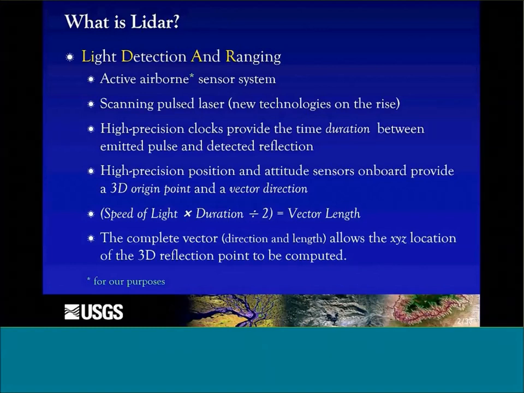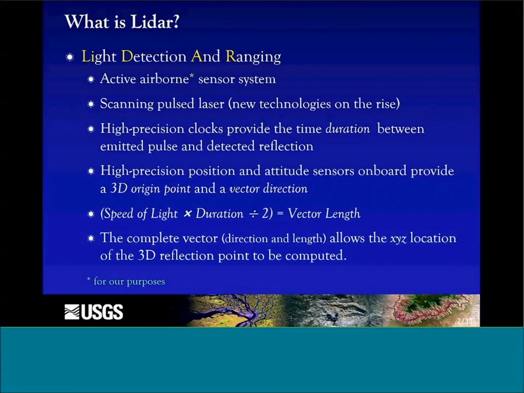LIDAR works by having very high precision clocks that can measure the time duration between an emitted laser pulse and the reflection of that pulse returning to the aircraft. In combination with very high precision position and attitude sensors on the aircraft, you can get a 3D origin point and a vector direction of the beam.